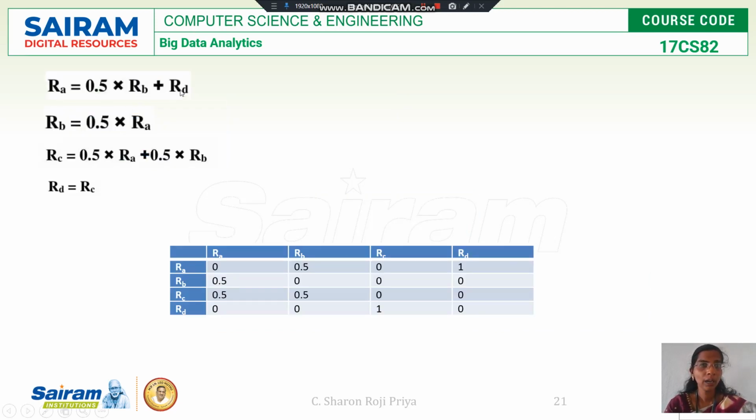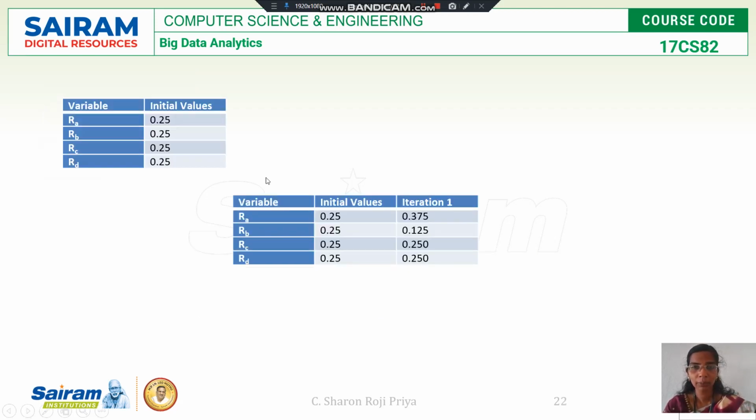So here I have to use 0.5 into RB, which is 0.25, plus RD, 0.25. In the place of all these RB, RD, RA, RB, RC, I have to use the 0.25 which I have taken as the initial value, in my iteration 1. So that I'll get these values in iteration 1.